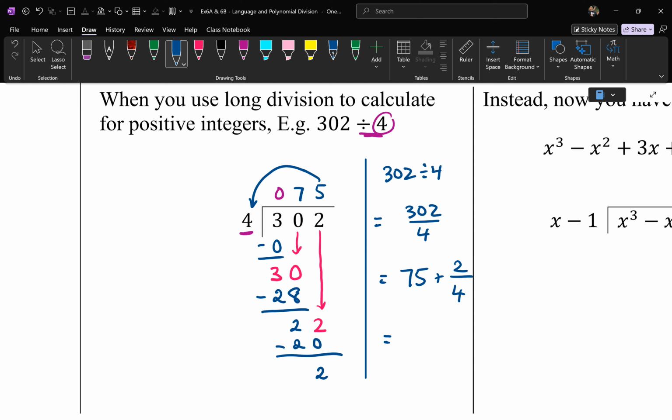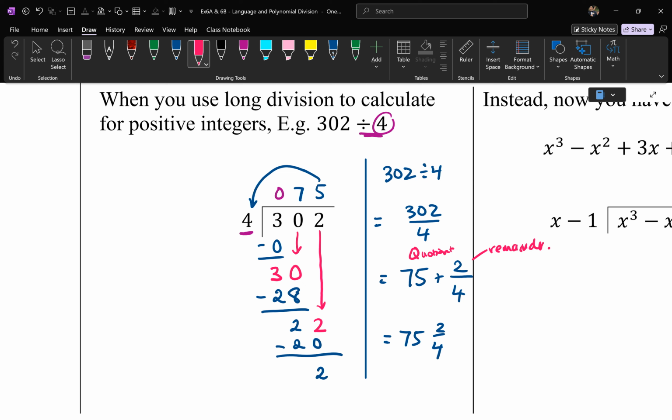This is how you would have written your mixed fractions back then. So you would have written 75 and 2/4. 75 and 2/4 literally means 75 wholes plus 2/4. This is your quotient. This is your remainder.